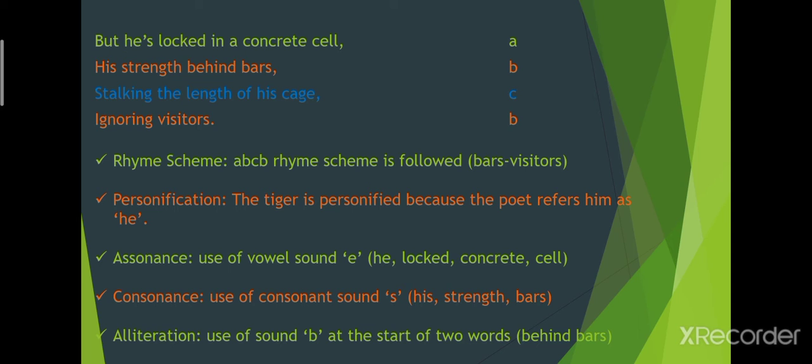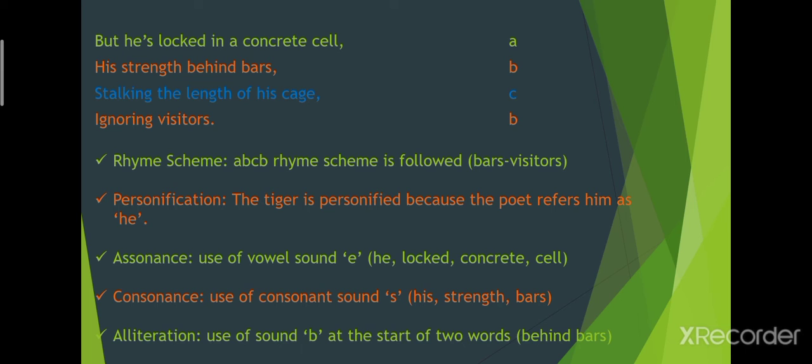So what are consonant sounds? Except the vowels A, E, I, O, U, apart from these five letters, the remaining letters in the English alphabet are known as consonants. So it is the use of consonant sounds in a line of text.